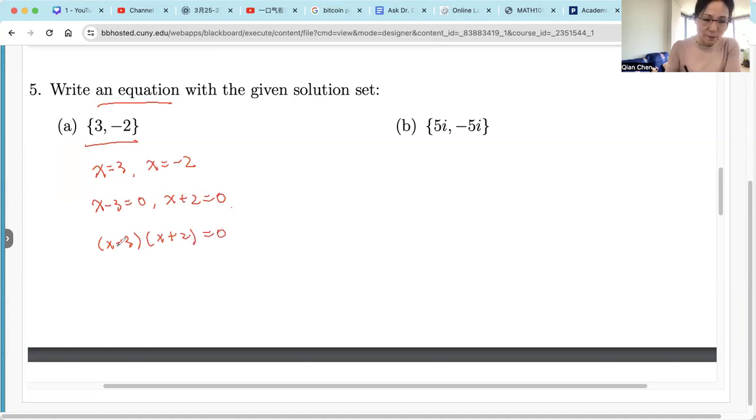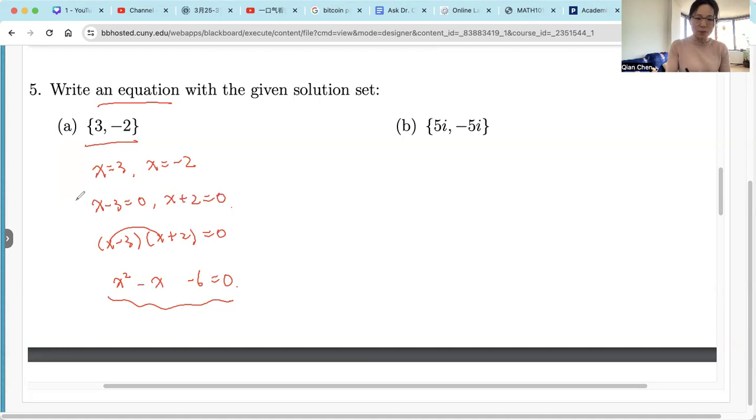Then we FOIL it. We do x times x, we get x squared. -3 times 2 gets -6. We have -3x and positive 2x, which adds up to just -x. So that's the equation that has 3 and -2 as solutions.